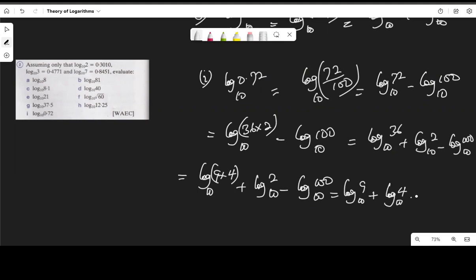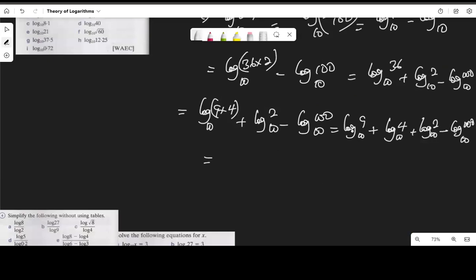to base 10 plus log 2 to base 10 minus log 100 to base 10. Here we have log 9 to base 10. I write that as log 3 squared to base 10 plus log 2 squared to base 10, that is 4, plus log 2 to base 10 minus log 100 to base 10.